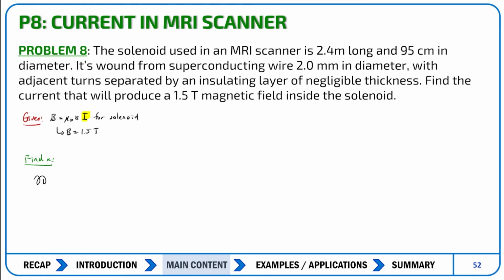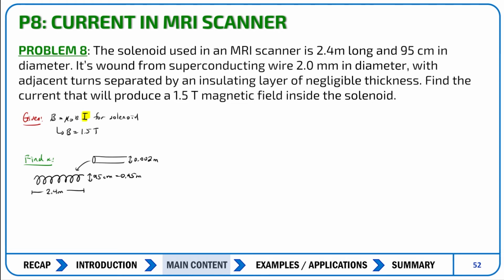If I have my solenoid here, we know that it's 2.4 meters long, and it is 95 centimeters in diameter, or 0.95 meters. If we zoom into each portion, it's wound from a superconducting wire that's 2 millimeters in diameter, or 0.002 meters.